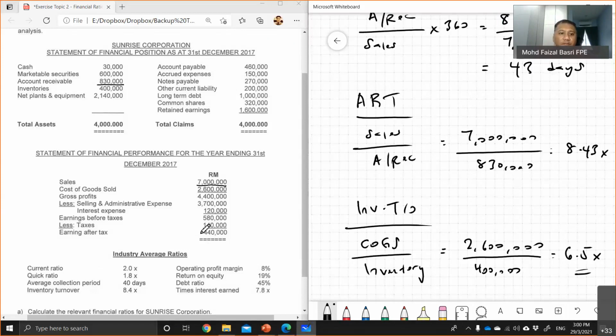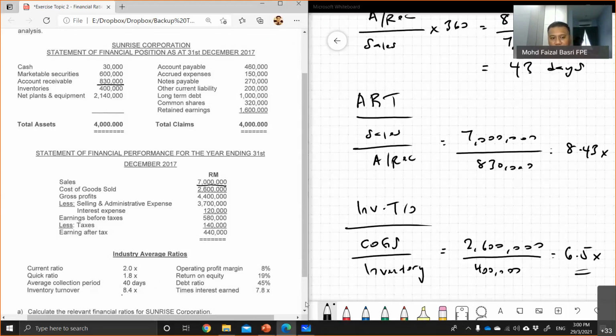And for comparison, we have the industry inventory turnover in the question, 8.4 times. So if you compare Sunrise Corporation against the industry average, the inventory turnover for Sunrise Corporation is worse because it's lower. 6.5 is lower than 8.4.